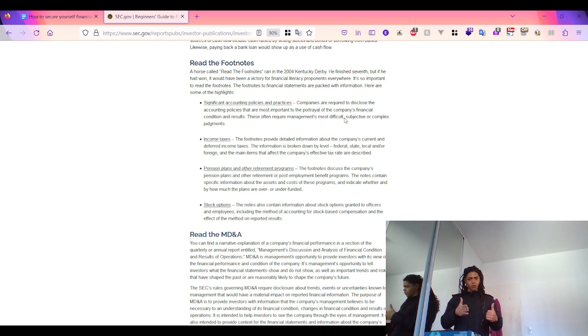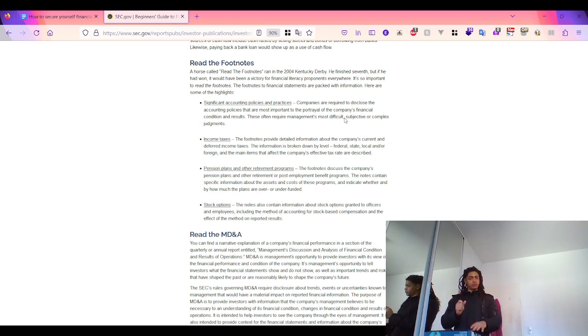And then the stock options, which are some kind of compensation that the employer offers to employees as a form of reward, where the hard work they put in now will be rewarded in the future, right? Okay.